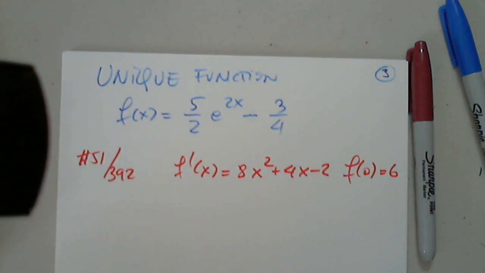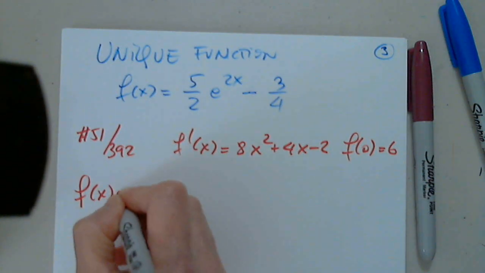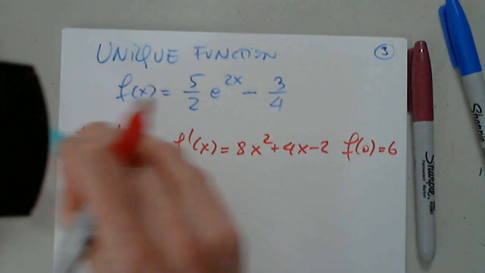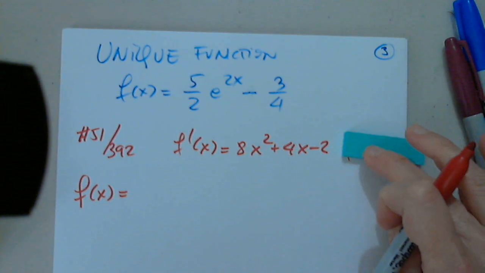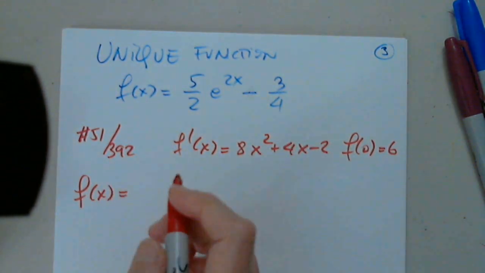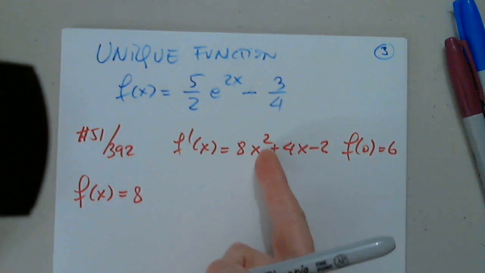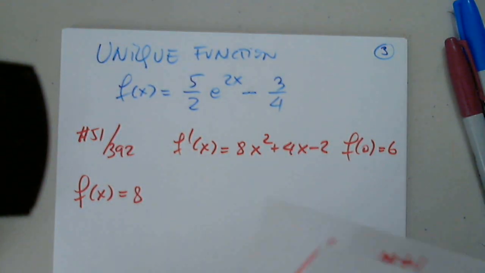Fine. We're asked to find the unique function. For now, we're going to find the family of functions, and then we'll plug in this condition. So not yet. So I copy 8. Can anyone tell us which function prime will be x squared? And remember to use this formula.